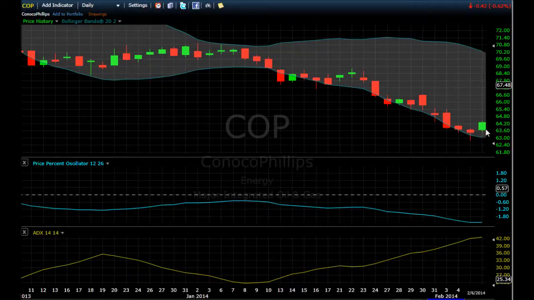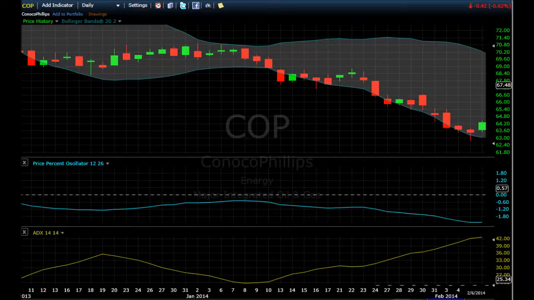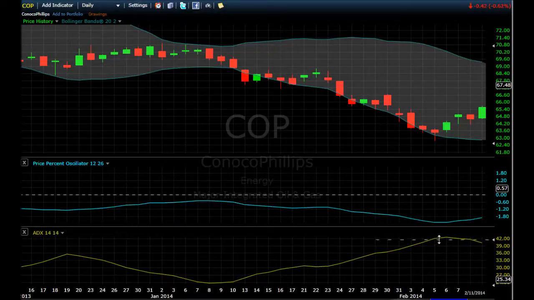So in this case, if you were to purchase, let's say at the high here, which was 64.40, then you can see that on the ADX, the trend strength is actually declining, which you may think is counterintuitive because now there is no strength when it goes up, which is true, but when you see the examples, it actually does show a reversal to the upside.